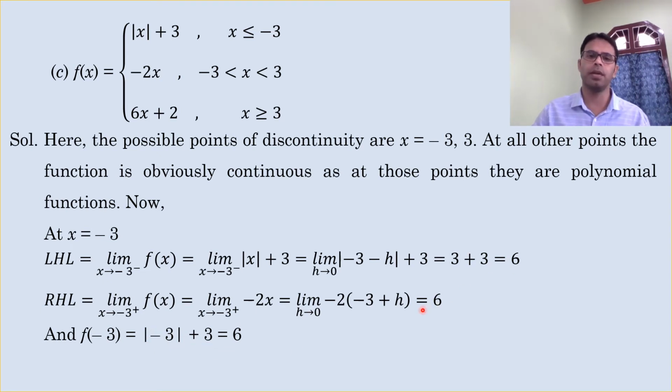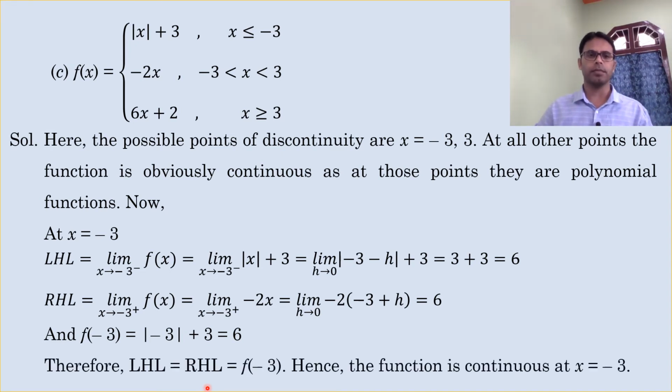So all these three values are equal, that means the function is a continuous function at x equal to minus 3. So we write that line. Therefore left hand limit is equal to right hand limit is equal to f of minus 3. Hence the function is continuous at x equal to minus 3.